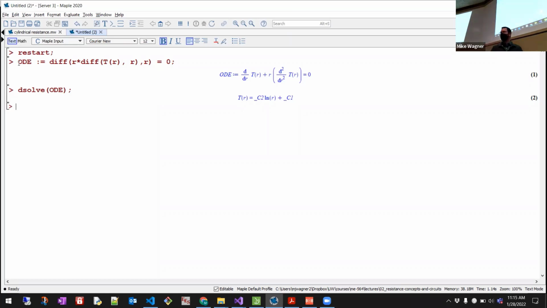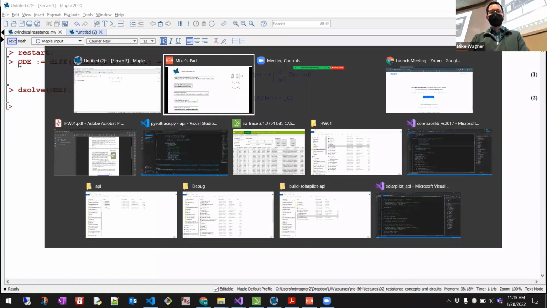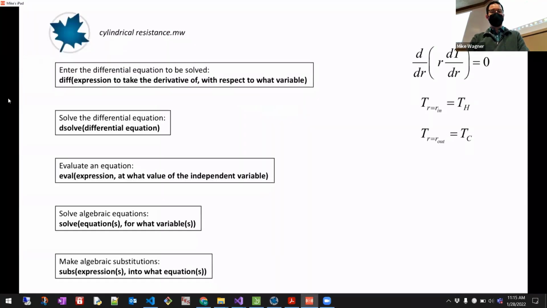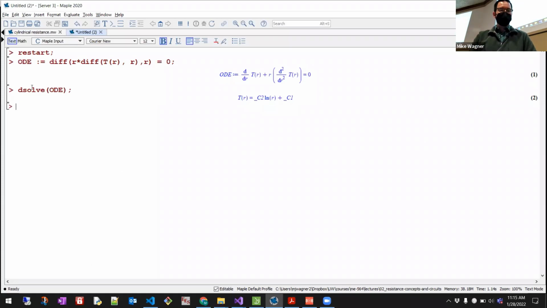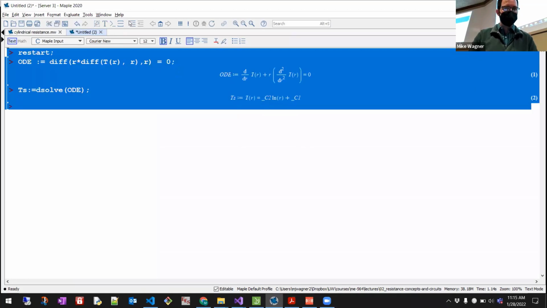Okay, so next up, we've got our general solution. Now we want to actually evaluate this expression at the boundary conditions. So let's call this something so we can use it again. We'll call it TS. That's our solution.